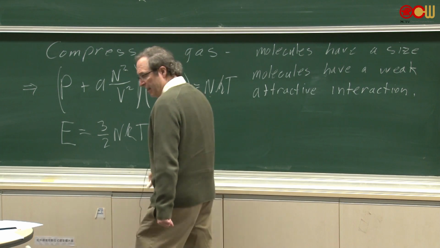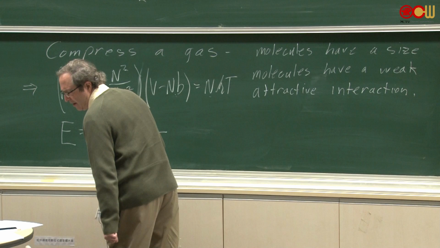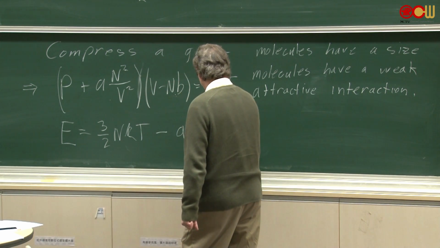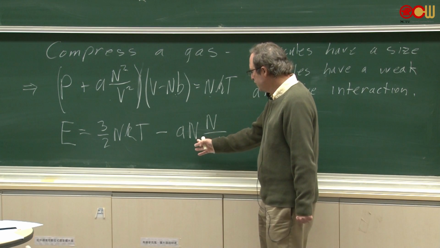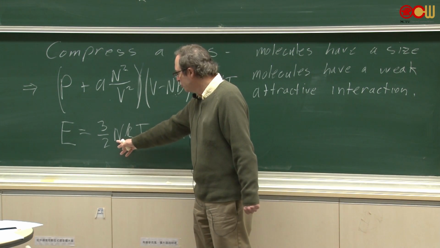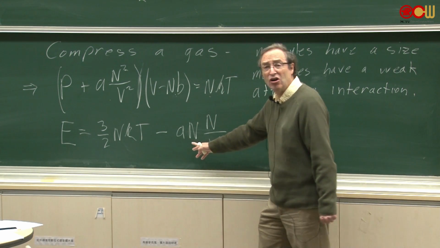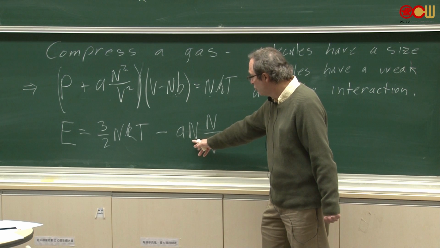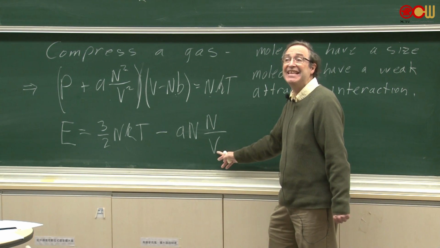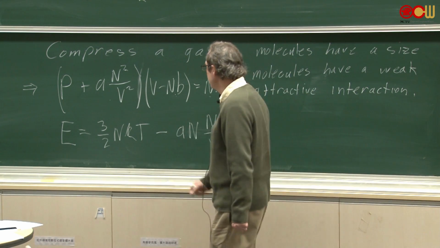And then you have a change that goes as minus a n over v. So notice this term is extensive, proportional to n. That's the only extensive. And this is also extensive, proportional to n. And this part, n over v, is intensive. That's the density. All right, so this is the energy.